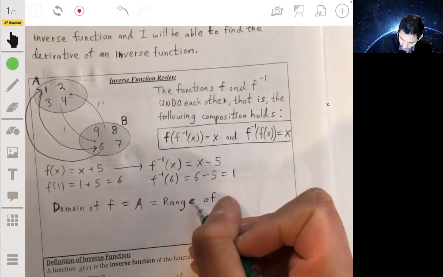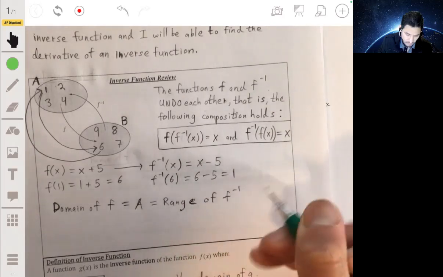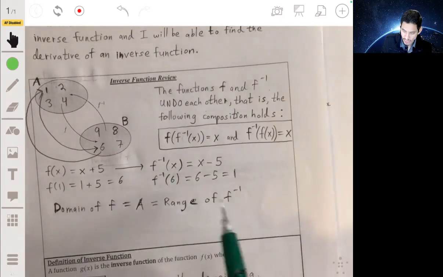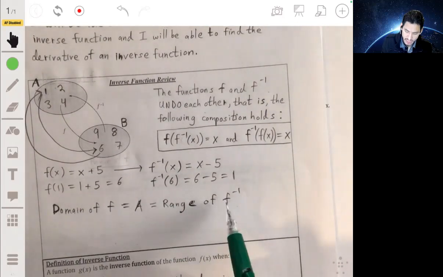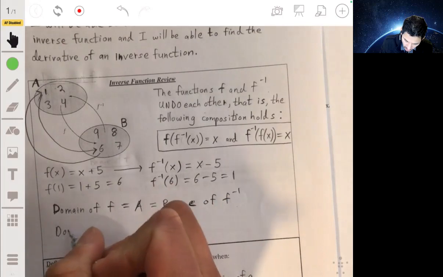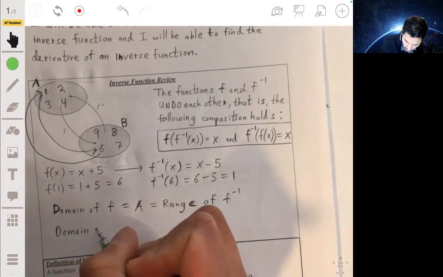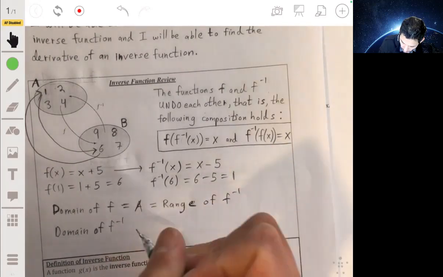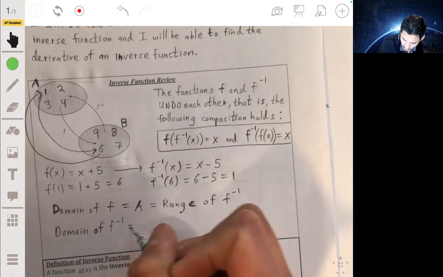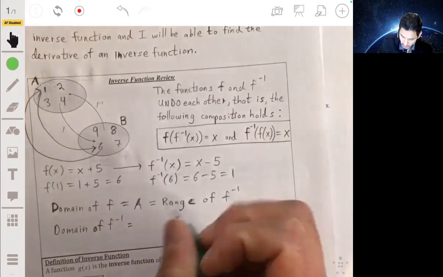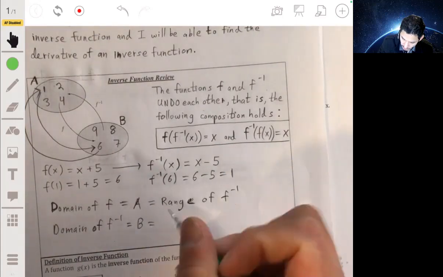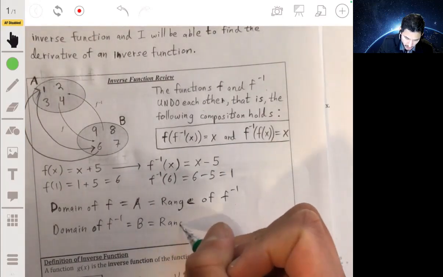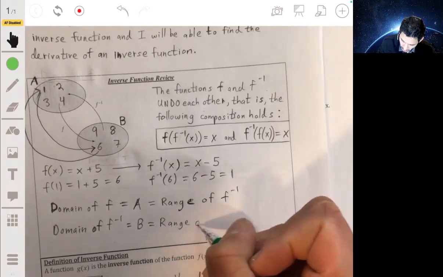The domain of F is the range of F inverse, and the domain of F inverse is the range of F. The domain of F inverse would be this B, and that would just be the range of F.